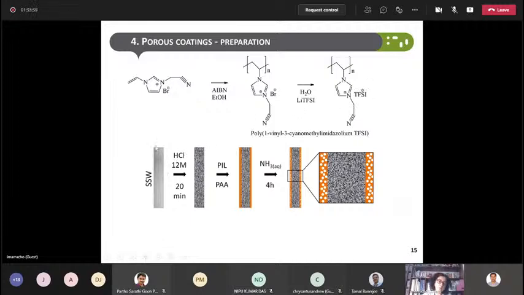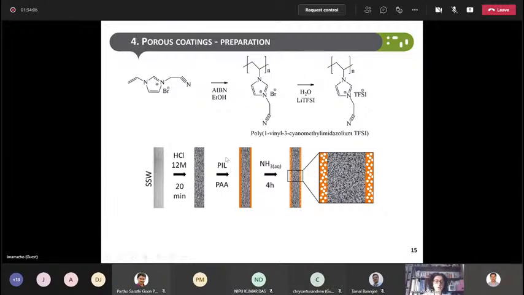Before coating the fiber, we placed it in acetic chloride acid for 20 minutes to clean the fiber and scratch it so that the polymer really adheres to the fiber.